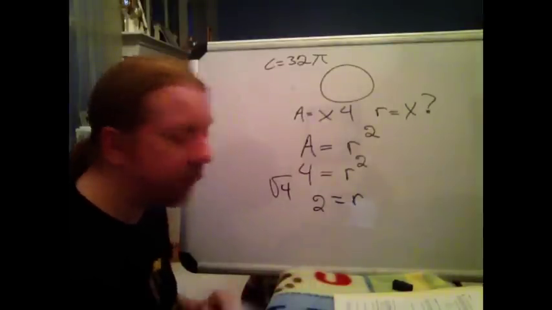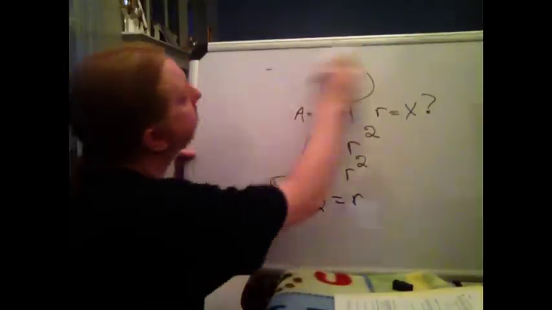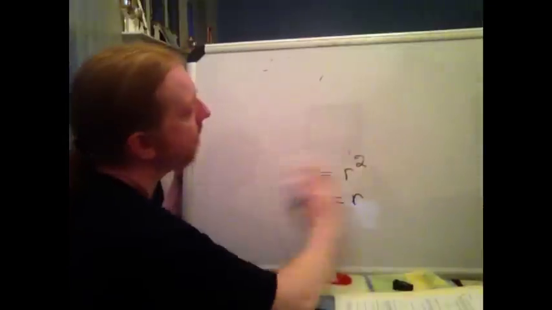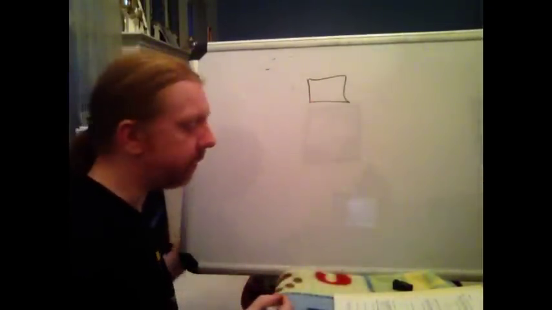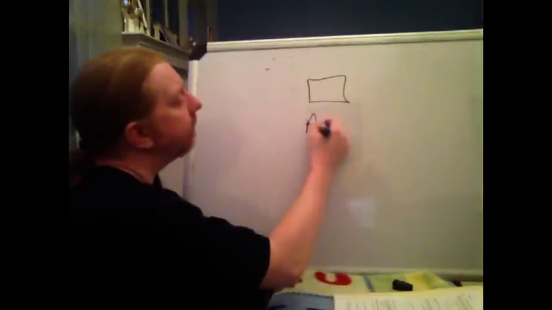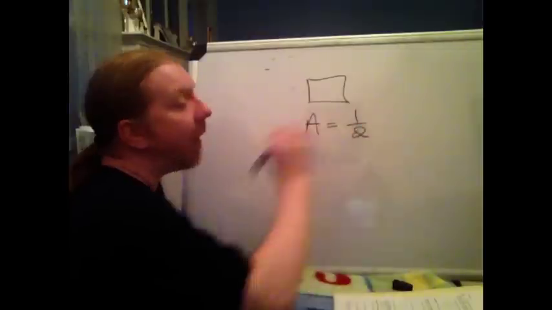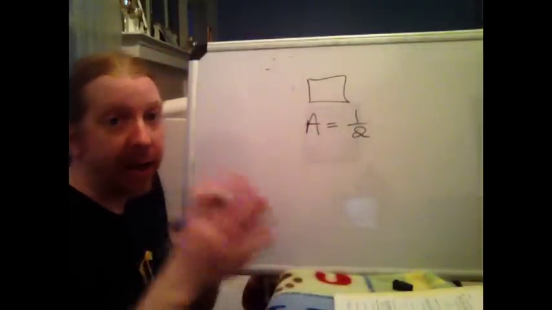I can also apply the same idea to non-circles. For example, maybe I have a square with a known perimeter of 36. The area is modified by a factor of a half. So I'm going to go down to half the area.